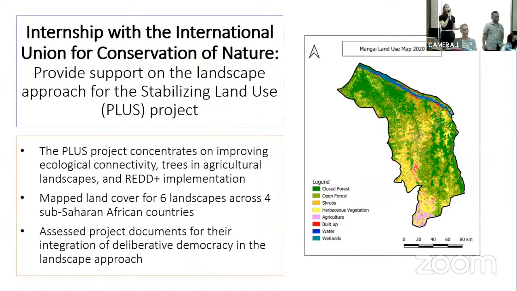And I also helped to assess project documents for their integration of deliberative democracy in the landscape approach. So this was a completely new experience for me and was really on the policy and social side of these types of projects. So I would say this wish of the national park to engage communities and do this kind of work is at least familiar to me through this internship.